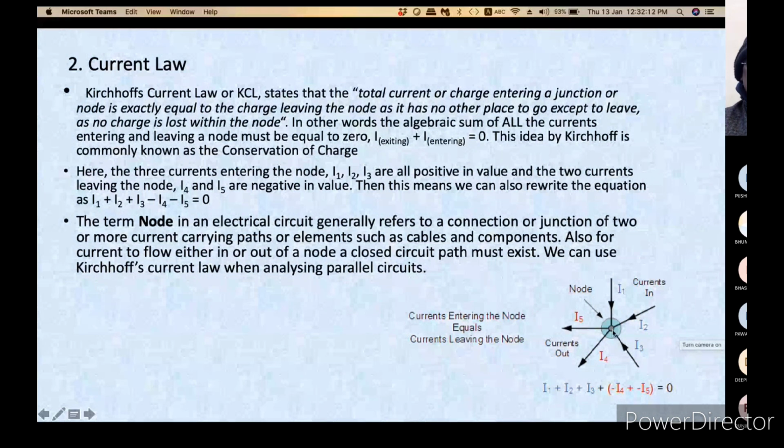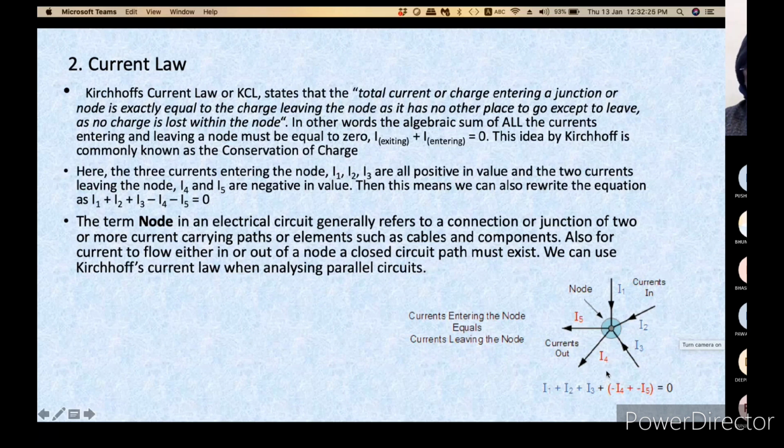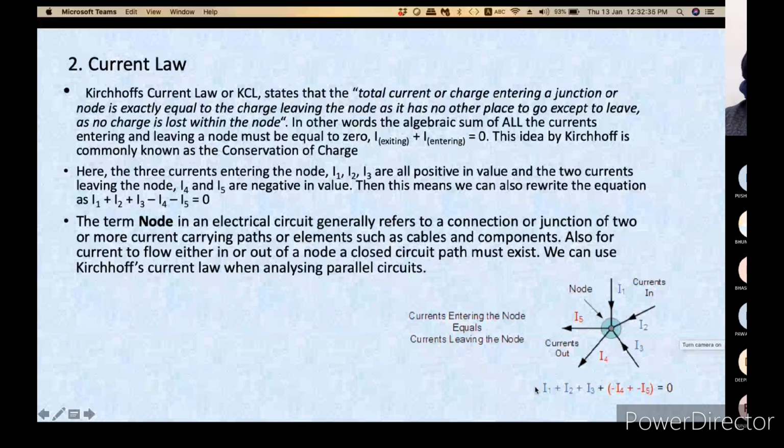Here you can see the currents coming towards this node. Usually, no, here something is wrong here. Going away is referred to as negative, and coming towards is referred to as positive.